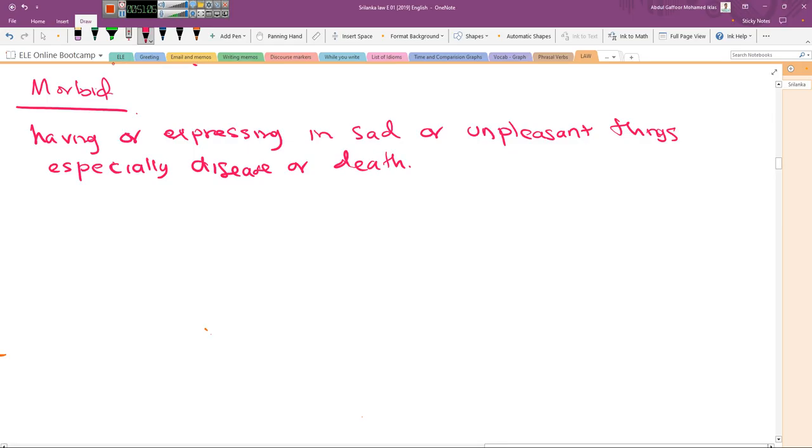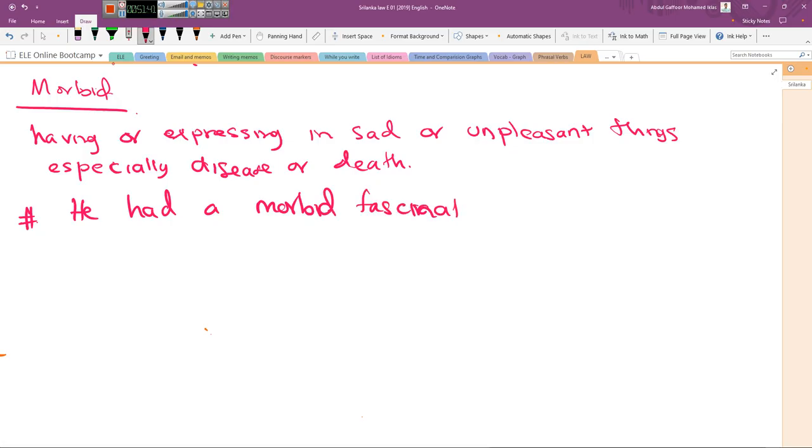For example, he had a morbid fascination with blood. Some people like to commit suicide or end their lives. This is a sad or unpleasant event, but they show interest in sad events, right? So that's why we call that mentality morbid.